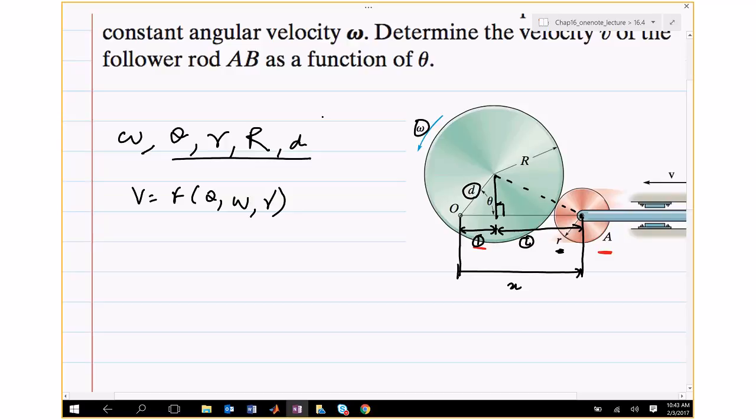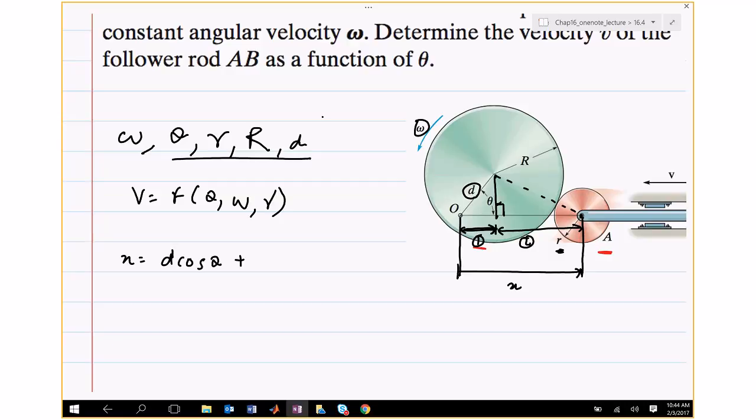So piece 1, as I put in the figure, is what? What's this? It's d cosine theta, somebody said that, that's right. And what is part 2? What's this? X minus d cosine theta.